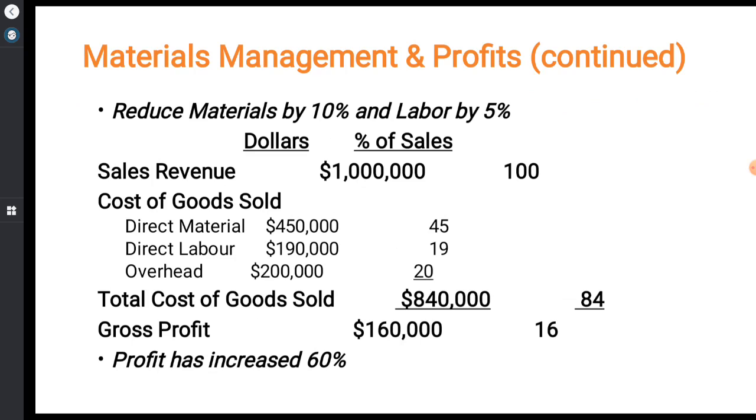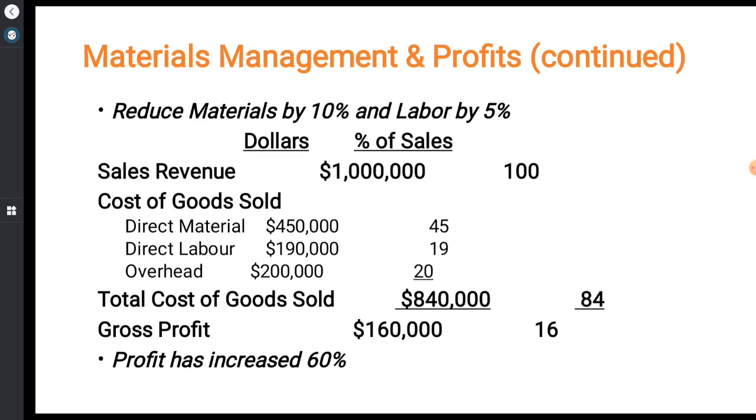And direct labor was 200,000 US dollars. If we reduce it by 5%, this means reducing $10,000 and having $190,000 remaining, which equals 19% of the sales. The overhead is constant, still 200,000, nothing changed.